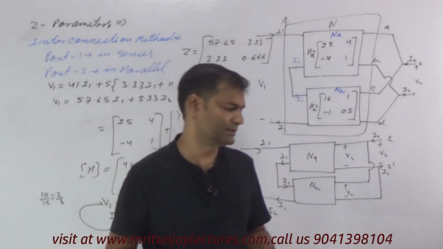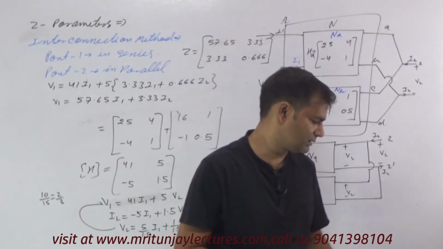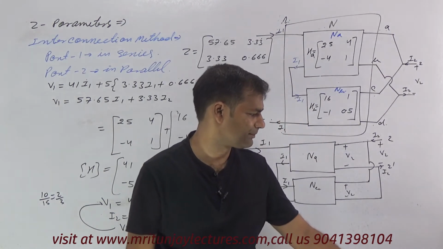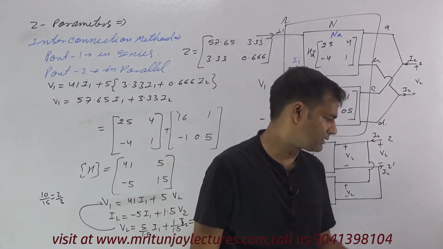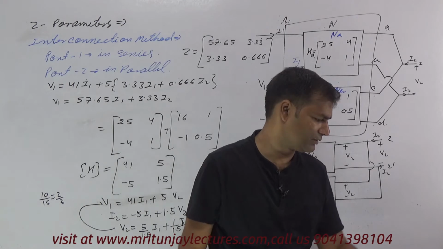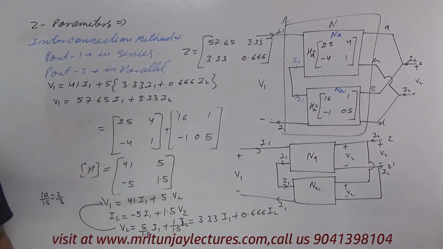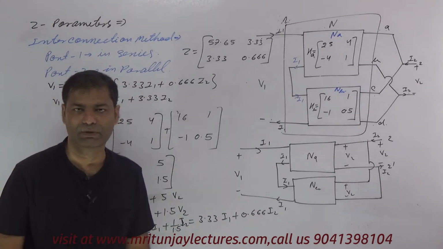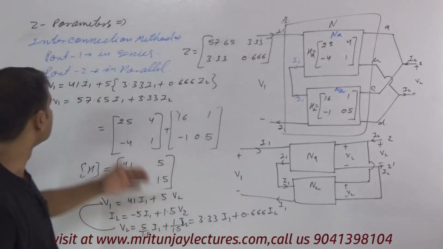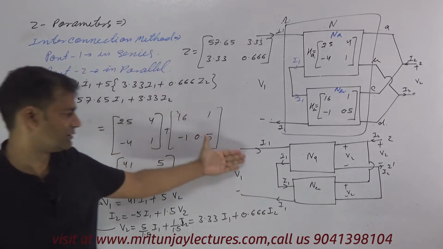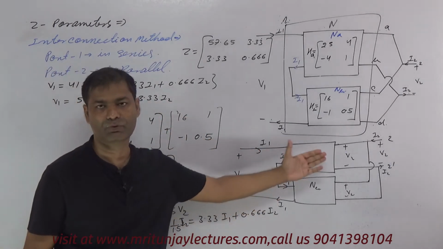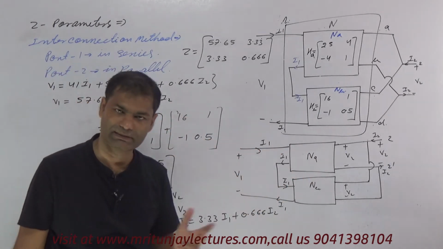Now the next target is to do it with the help of the conventional method. Conventional method means if you suppose you forget the formula corresponding to this one, port 1 both are series, port 2 in parallel, then you utilize this formula.